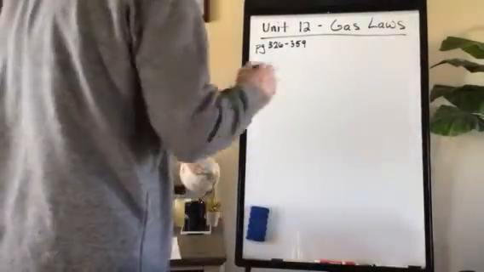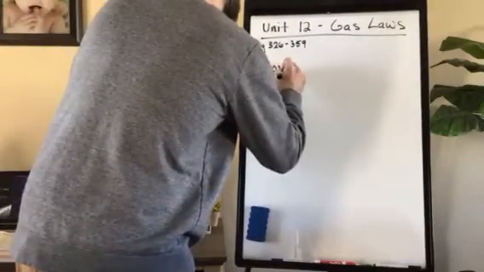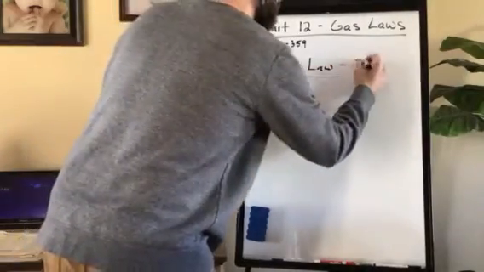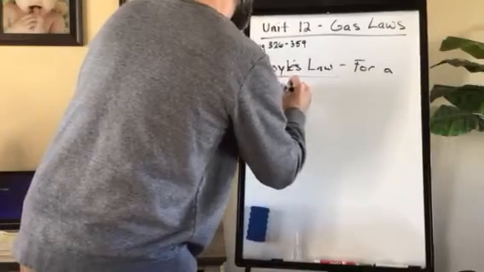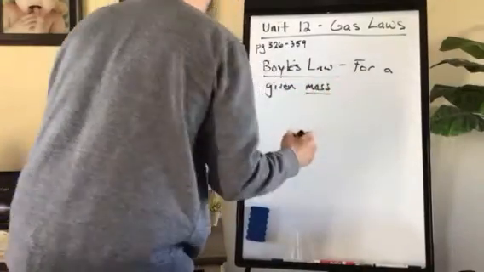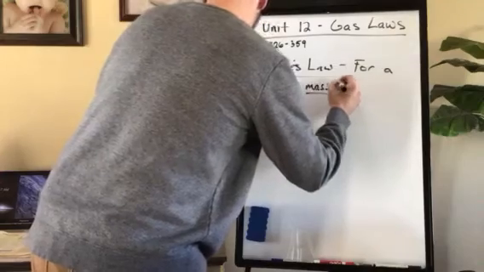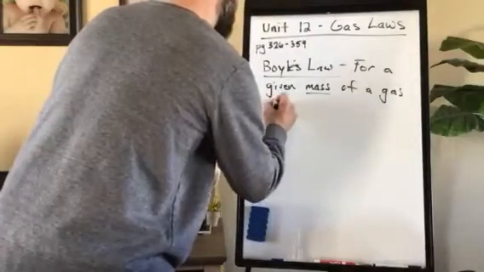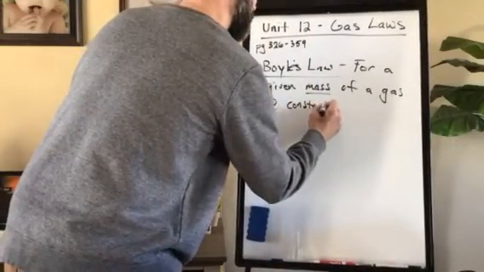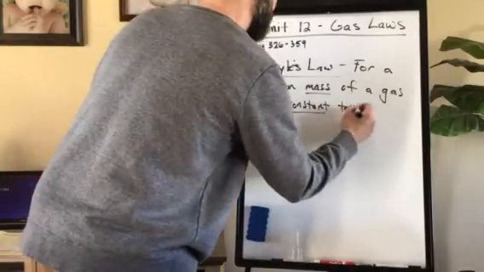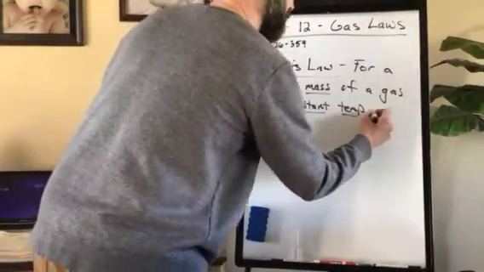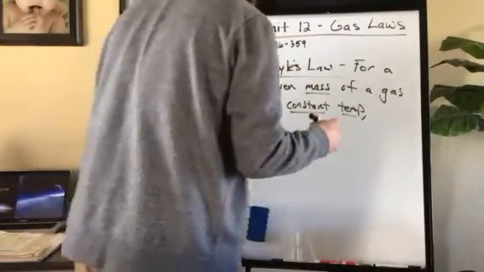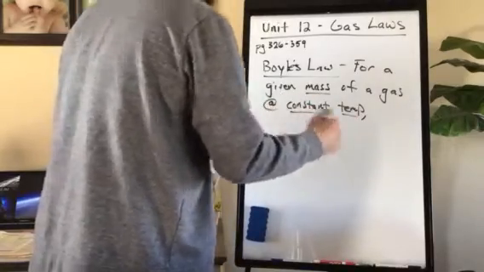So for Boyle's law, for a given mass of a gas at a constant temp, and again, we're going to hold the temperature constant here, the volume of the gas is going to vary inversely with the pressure. Okay, so there's an inverse relationship between our pressure and our volume.